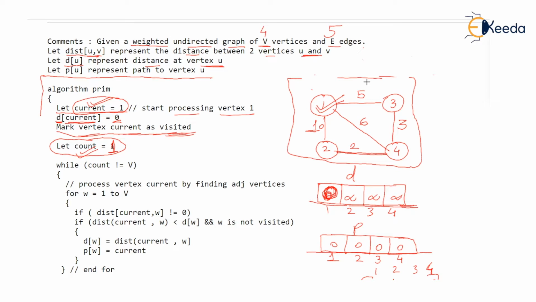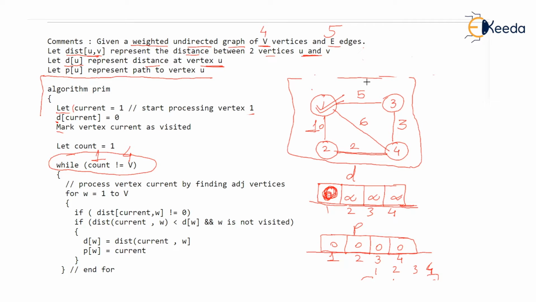So from the past videos, Prim's algorithm says you process all the vertices one by one, isn't it? So we have kept this count, a good idea. This count will tell us when to stop. We say while count is not equal to the number of vertices, v. Now you notice count is right now 1 and the number of vertices is 4.